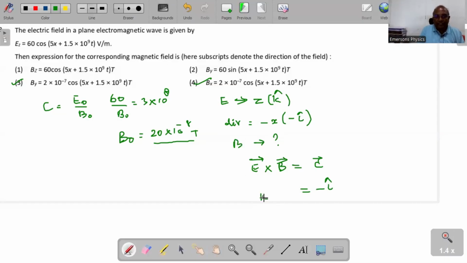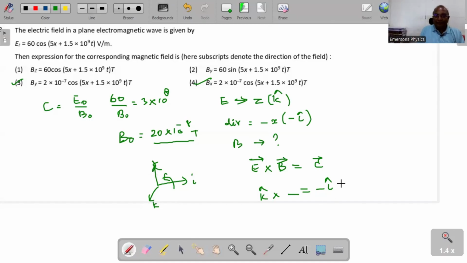That means k component, plus k cross something, which should give out minus i. We know the direction i, j, k. This is the way you have to take i, j, k. So k into i means plus j.